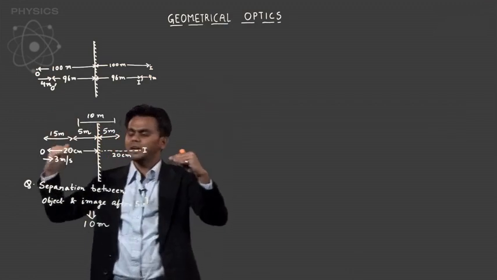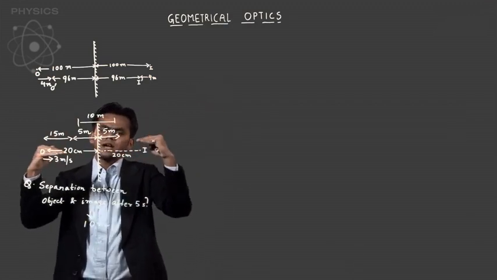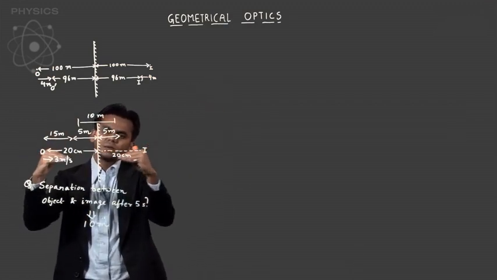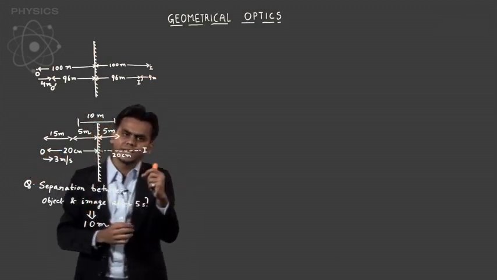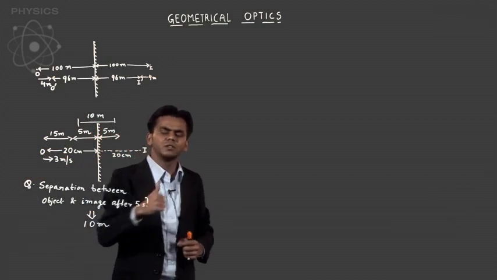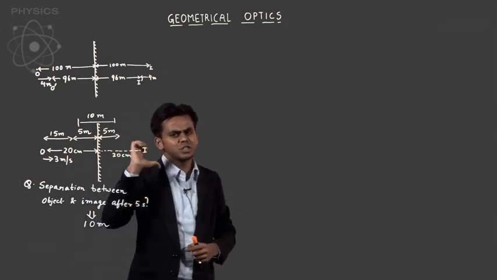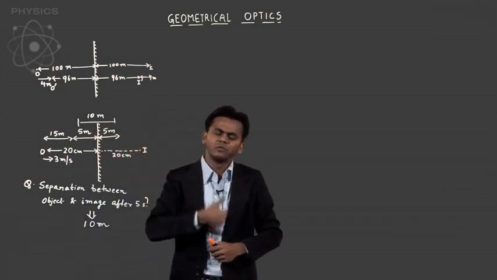So the object is coming closer to the mirror by 3 meters per second and the image by 3 meters per second. So net I have 6 meters per second of reduction in the separation between object and image. I have just used a simple analogy of relative motion.